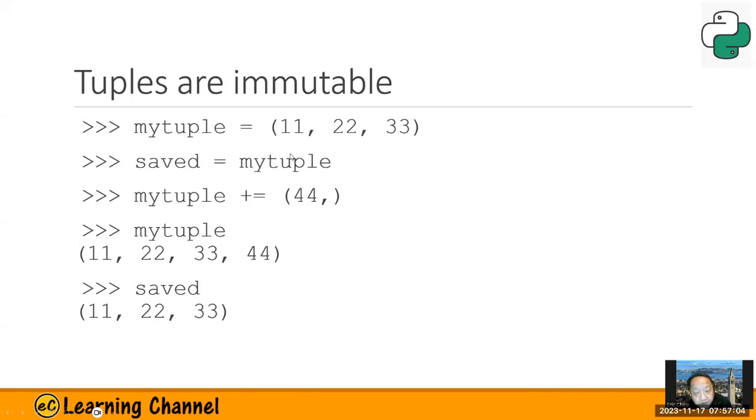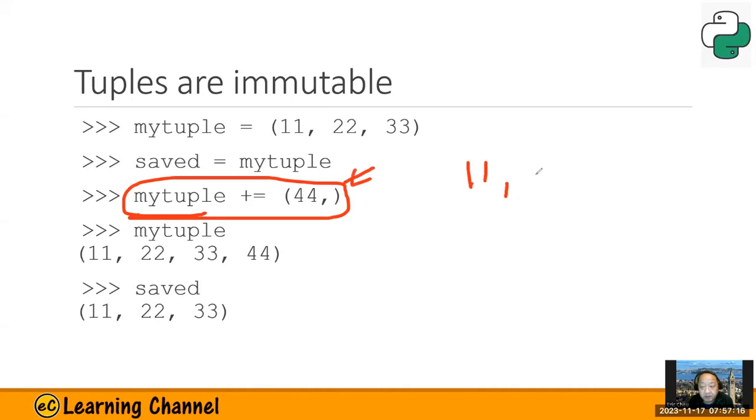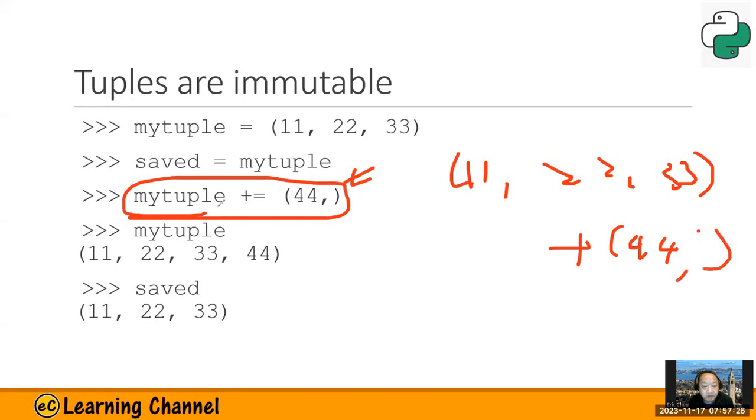So tuples are immutable, so you cannot change the data. This one means that you originally have (11, 22, 33). And then you add a 44 and create a new tuple, not the original one, and then assign back to the original.